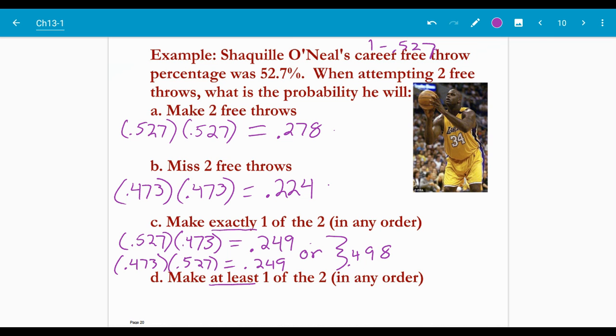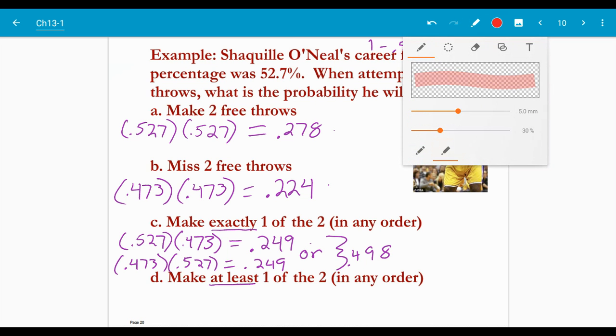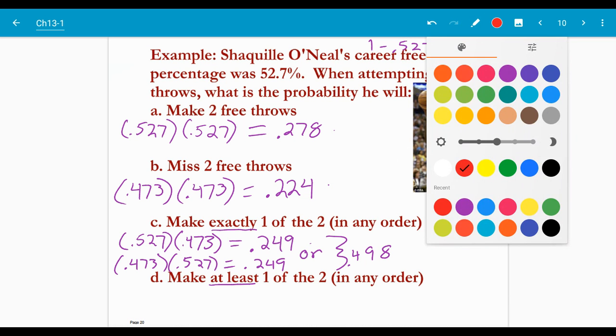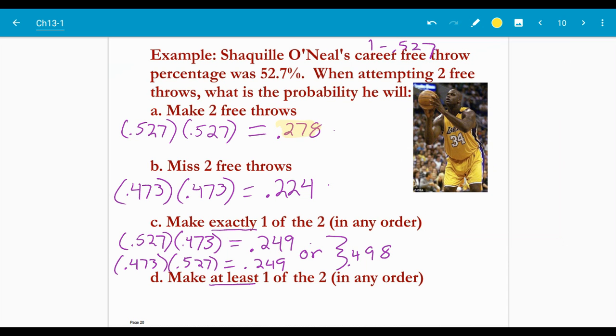And at this point, if you were to look at all of our answers, this value plus this value plus this value all add up to 1.